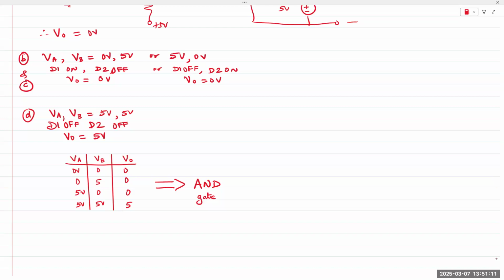So again, the resistor's purpose is to limit the current. Resistors are the most fundamental component for any circuit. If you don't have a resistor, that means it's a wire. The resistance of a wire theoretically would be 0 ohms. If resistance is 0, no matter how small a voltage you apply, what is current?